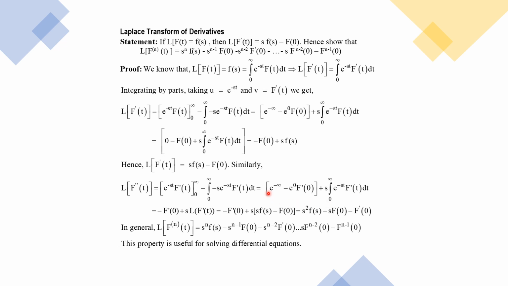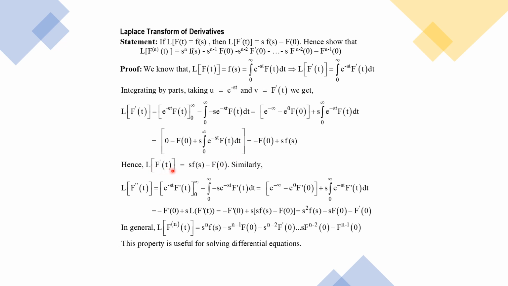e^(-infinity) becomes 0, minus e^0 is 1, so minus f'(0), and plus s times Laplace of f'(t). So minus f'(0) plus s times Laplace of f'(t), which goes to s F(s) minus f(0), which we have already proved here.